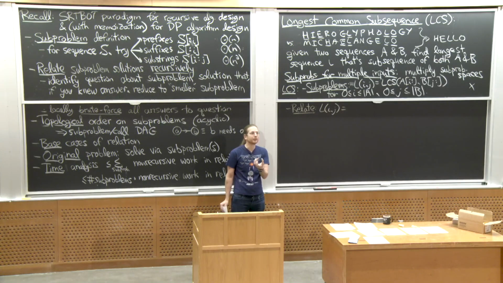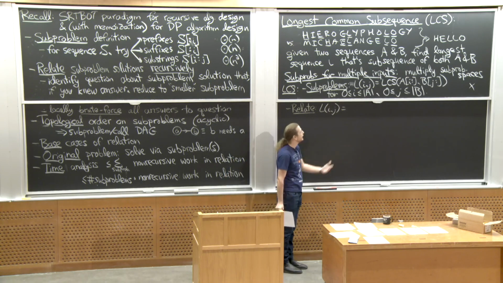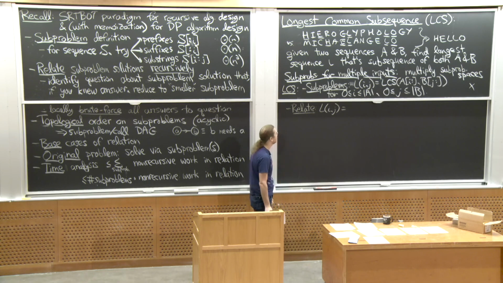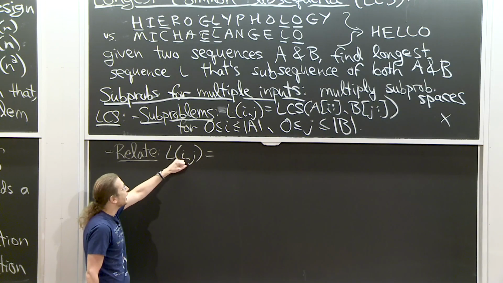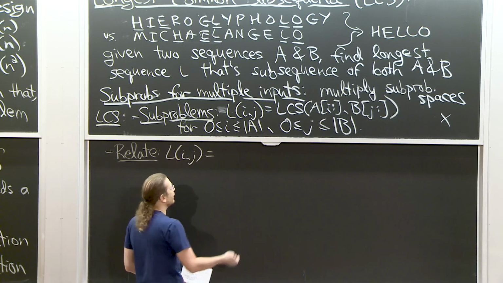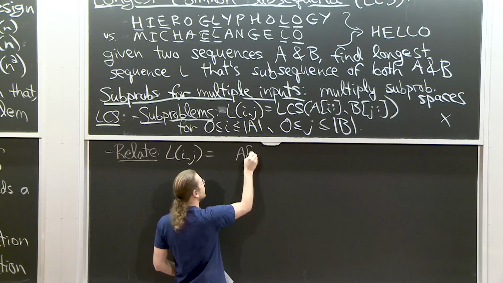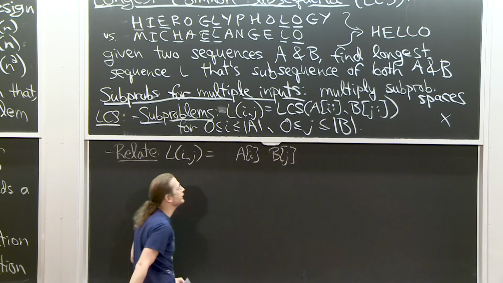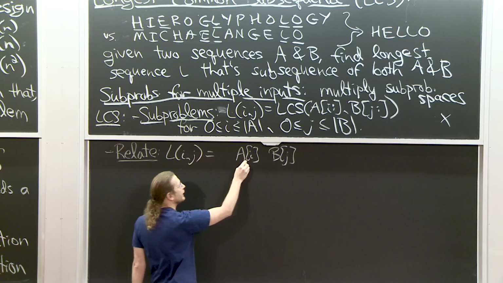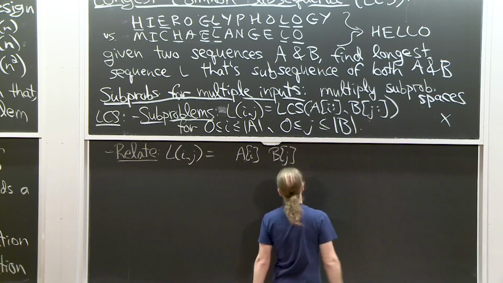If we remove that first letter, then we get a smaller suffix. If you're doing prefixes, you should always look at the last letter. Either one would work for this problem. So we're doing suffixes, and we look at A of i and B of j, the first letters in the suffix of A starting at i and the suffix of B starting at j.